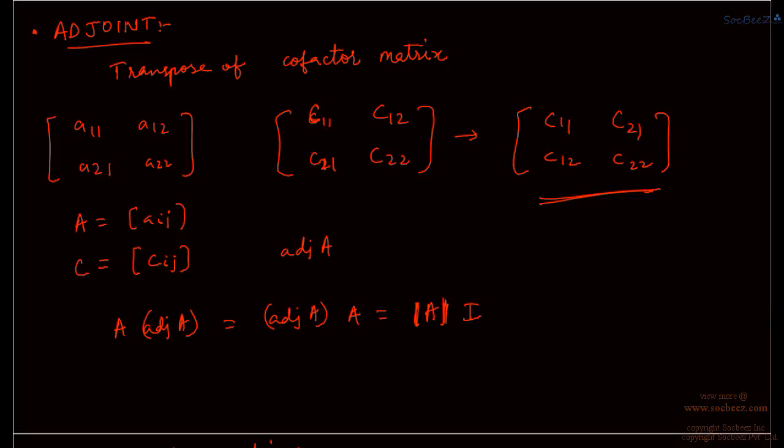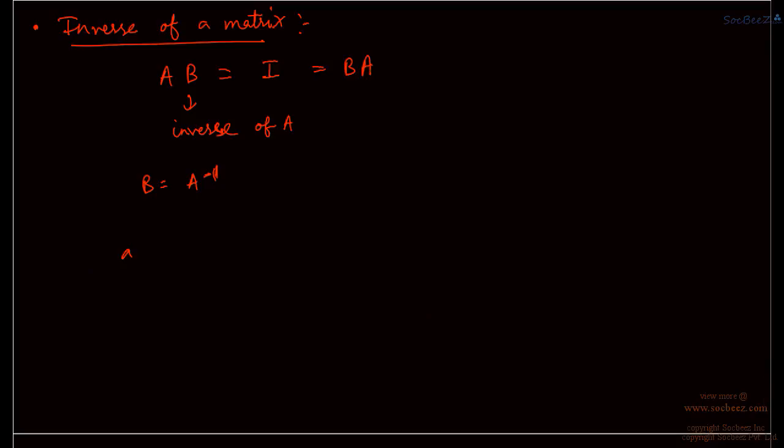Now, if you look at the previous theorem, I had A into adjoint A is equal to determinant A into I. Now, you all know that determinant is just a real number, right? So, division of matrices is not permitted, but division by a real number is always allowed. So what I do is, I divide the whole thing by the determinant of A, right?